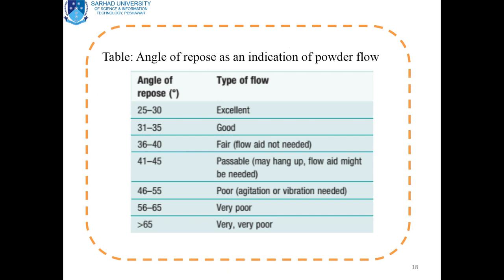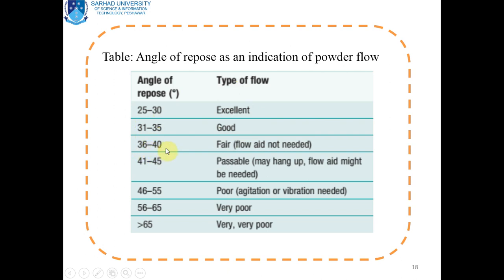You can see in the table that the angle of repose, measured in degrees, of 25 to 30 shows excellent flow of the powder. If the value is within the range of 31 to 35, it means that the powder bed tested has good flow.